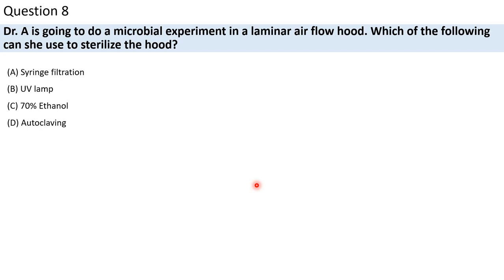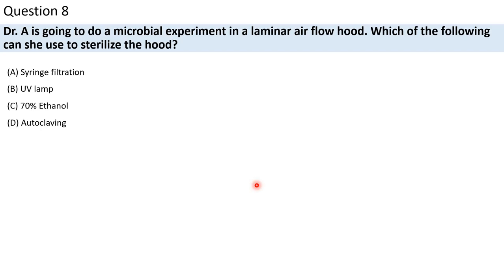Coming to UV lamp, yes. Before starting any experiment, like if you are going to use a new strain, you have to turn on the UV for at least 15 to 20 minutes, so that whatever cells are already spilled or present in the laminar airflow chamber will be completely killed. Option B is one of the right answers. Coming to option C, 70% ethanol.